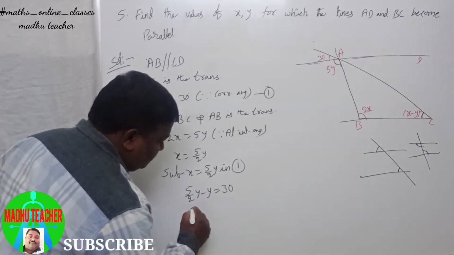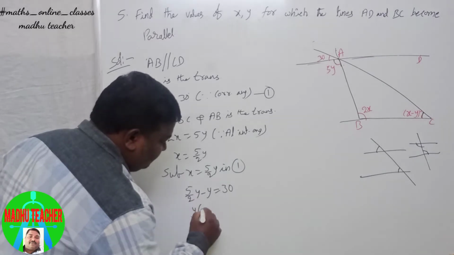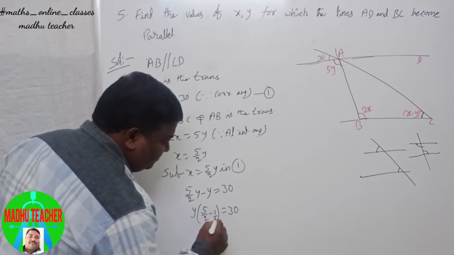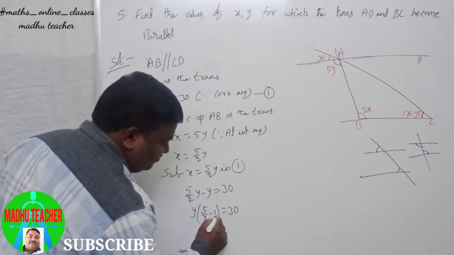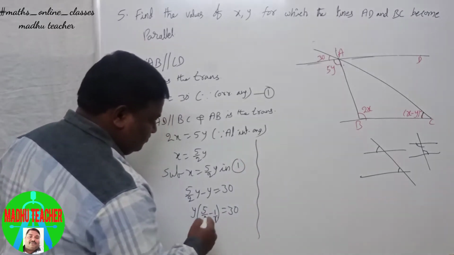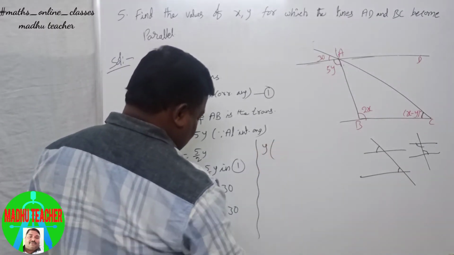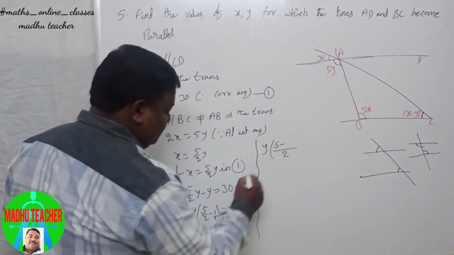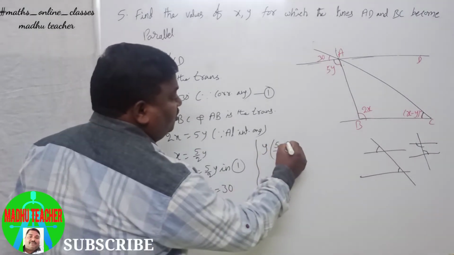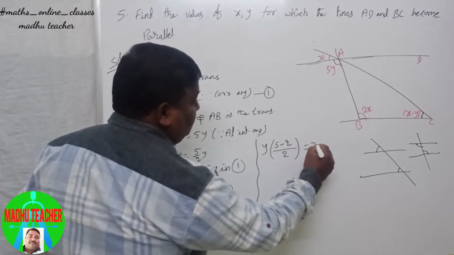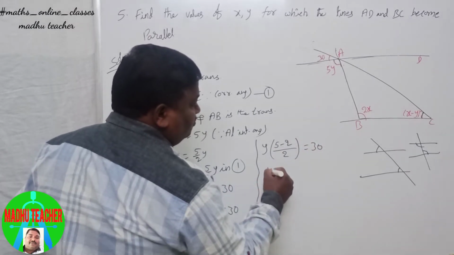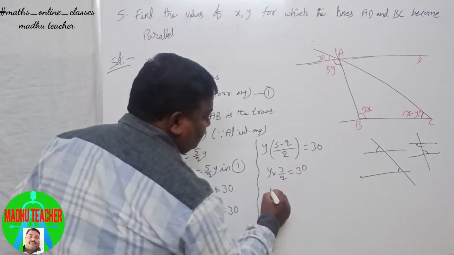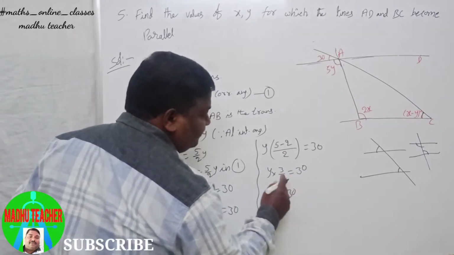By taking y common, we get y into (5 by 2 minus 1) equals 30. The LCM is 2, so y into (5 minus 2) by 2, that is 3 by 2, equals 30.